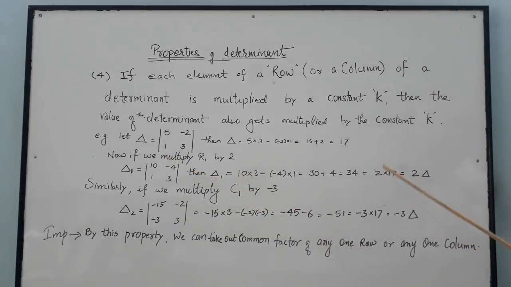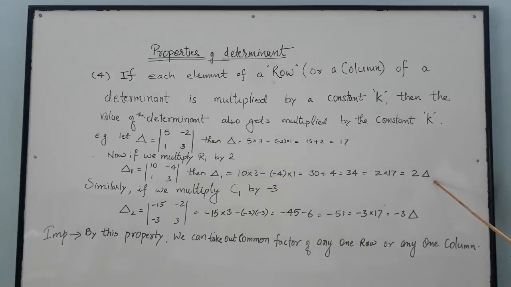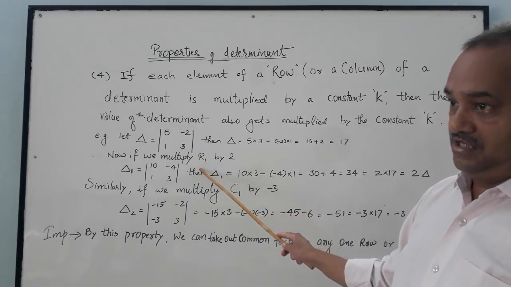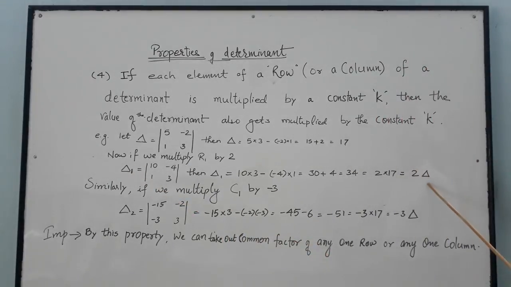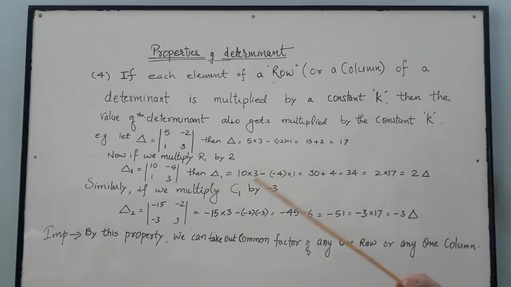So 2 into 17, in place of 17 we can put the value of original determinant. So we see when we multiply row 1, R1, by 2, the value of the determinant is also multiplied by 2.